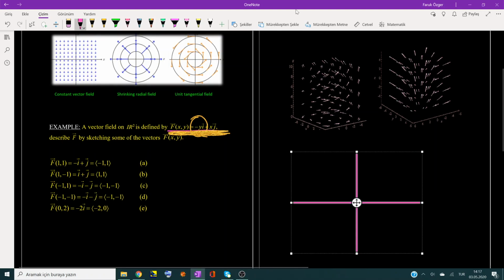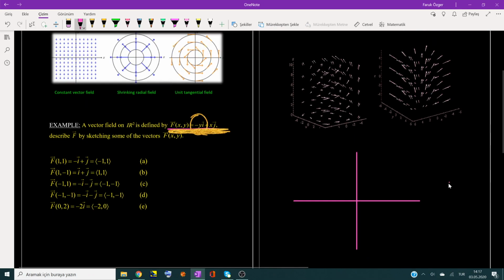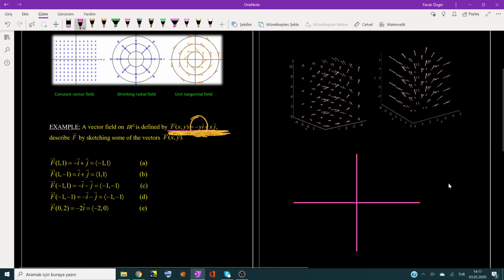At the point 1, 1, is the first point to check. Let's say this is 1, this is 1, 1, 1. At the point 1, 1, the vector field generates the vector minus 1 and 1.